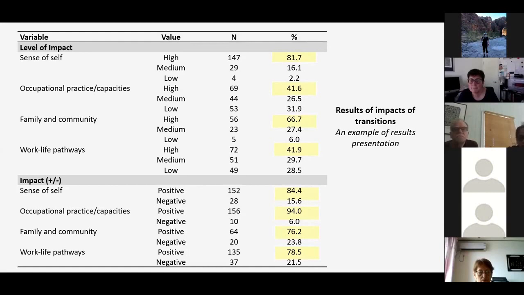For the positivity of the impact, we identify a high level of positives that these transitions have on sense of self, occupational practice, family and community, and work-life pathway.